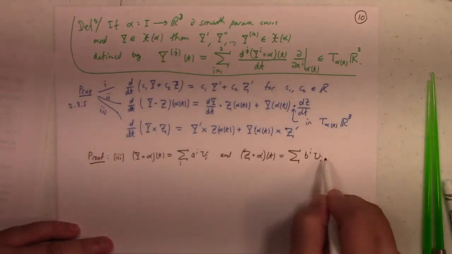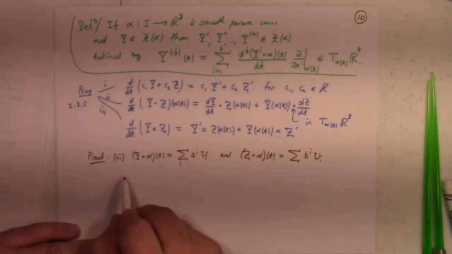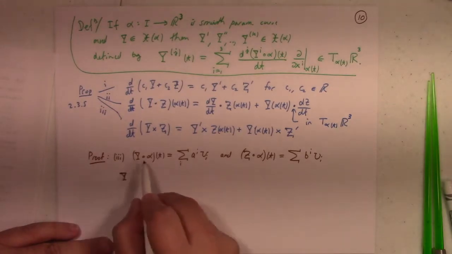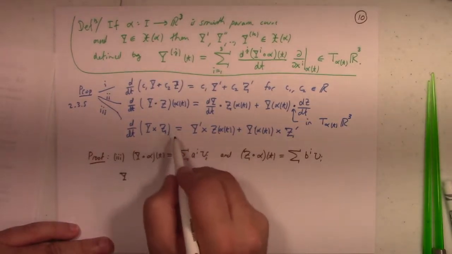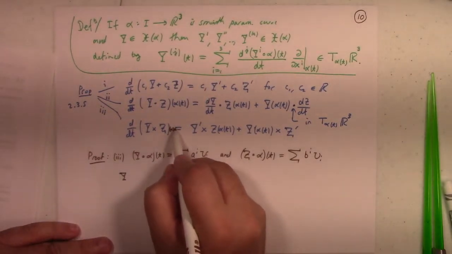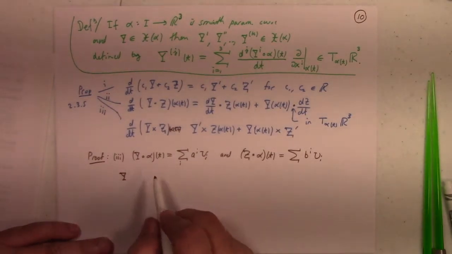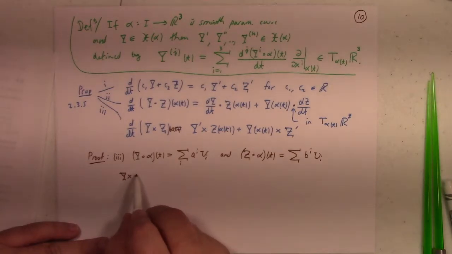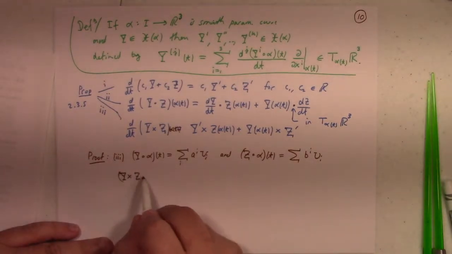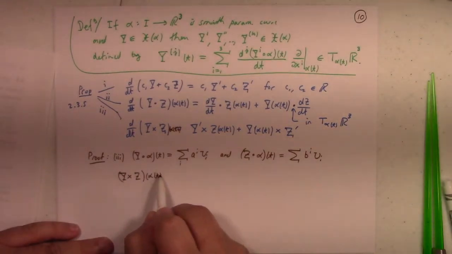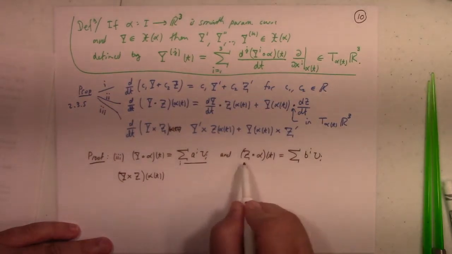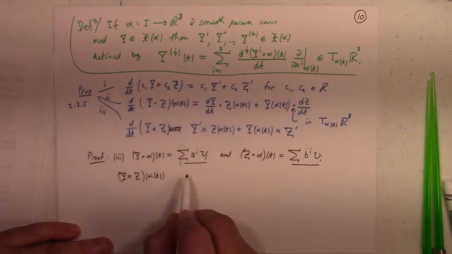Okay, so then the cross product of these two, y, and I guess I'm missing an alpha of t up here. I am missing that in the notes too. Oh well. All right, so y cross z of alpha of t, that's this thing cross that thing, right?